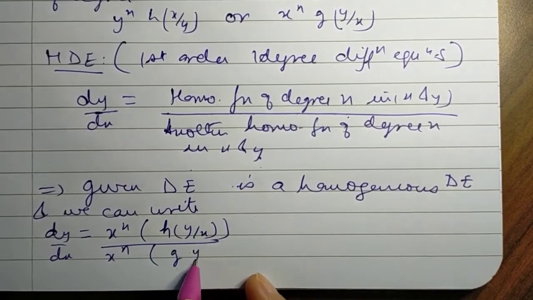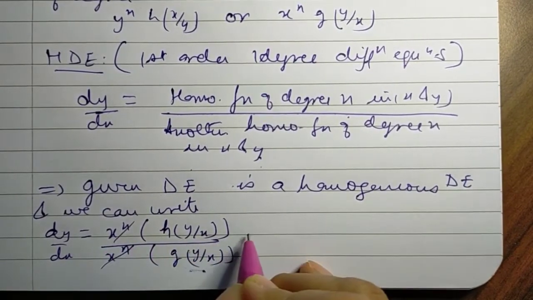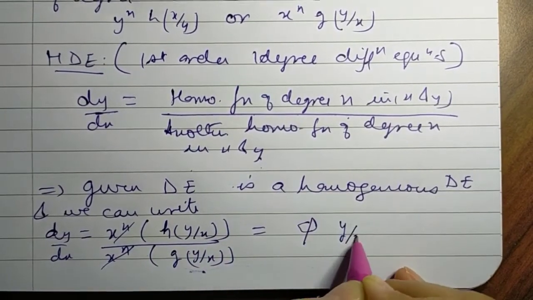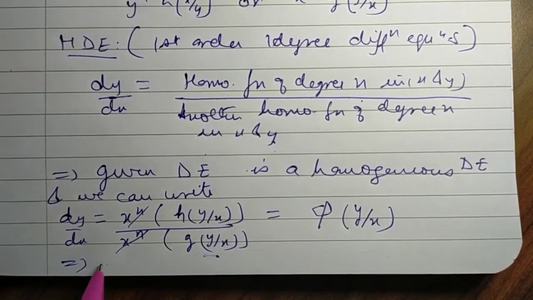I will get some other function of y upon x. This and this get cancelled and the net result is some function of y by x, and so we conclude that this is a homogeneous differential equation.